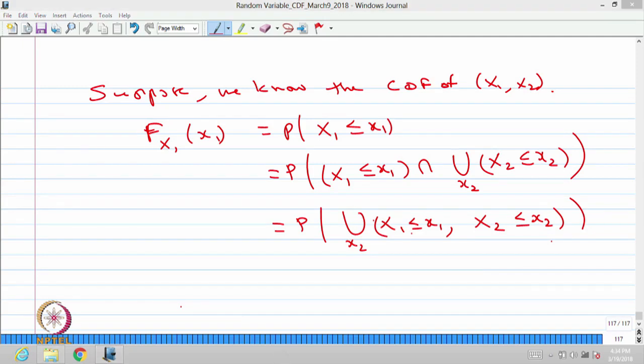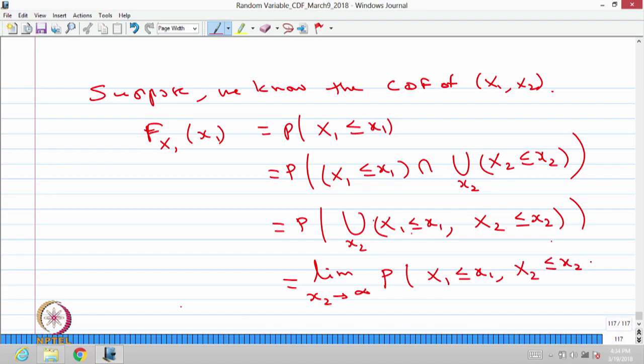The P of union is nothing but the limit as x2 tends to infinity of P of X1 less than or equal to small x1, capital X2 less than or equal to small x2.